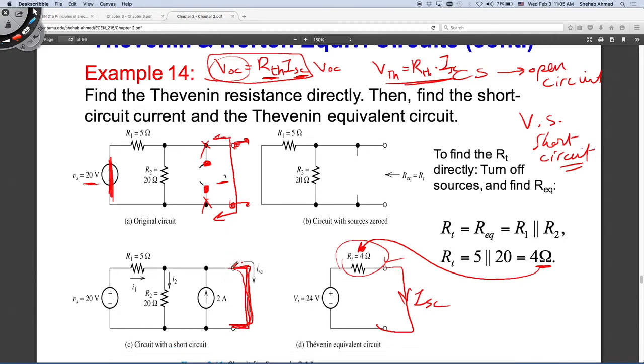Since I'm trying to find an equivalent to whatever's inside this box, if I put a short circuit around the box, it's the same as putting a short circuit around the equivalent. So these two are the same. If I find this, I should be able to substitute in this relationship. So to find this, what is the current flowing in this branch?